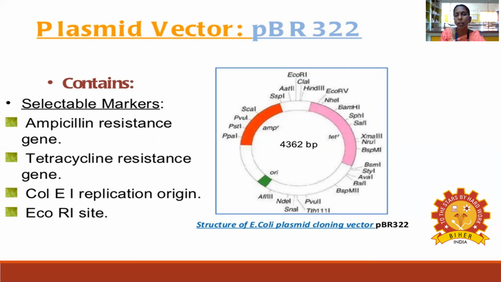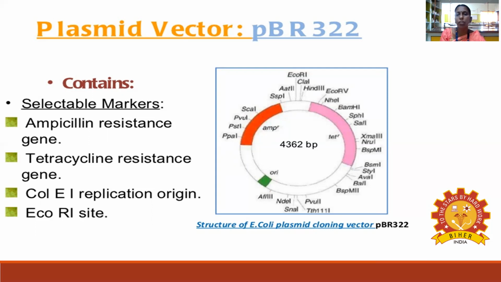It contains the selectable markers, the ampicillin resistance gene and the tetracycline resistance gene, and then another one called ColE1, which is the replication origin, and the EcoRI site. These are the important features present in it. So pBR322 is commonly used for gene cloning techniques.